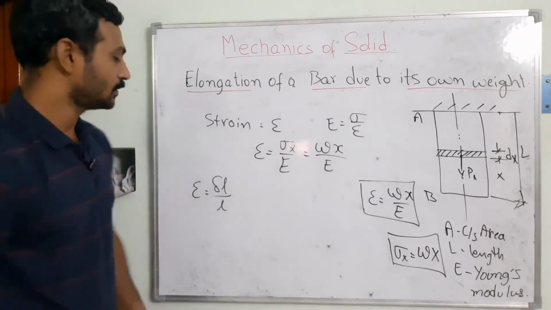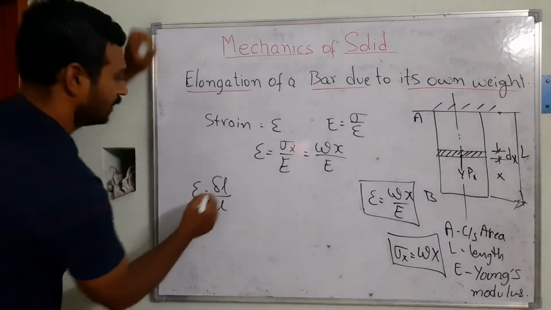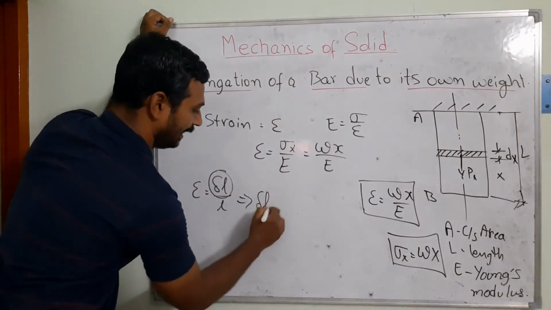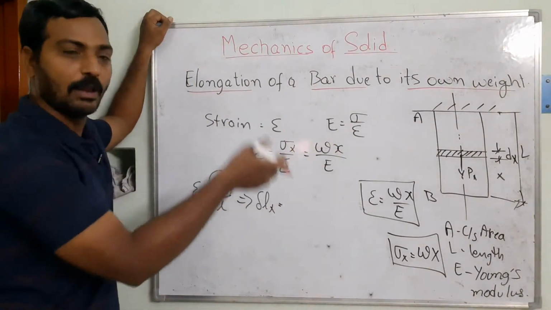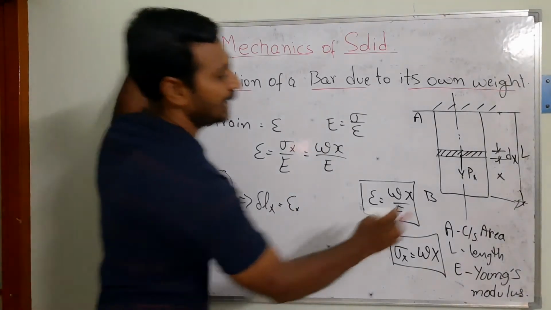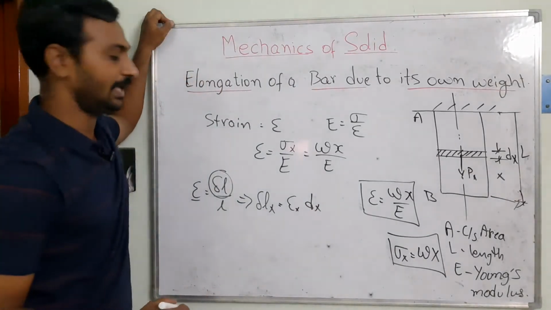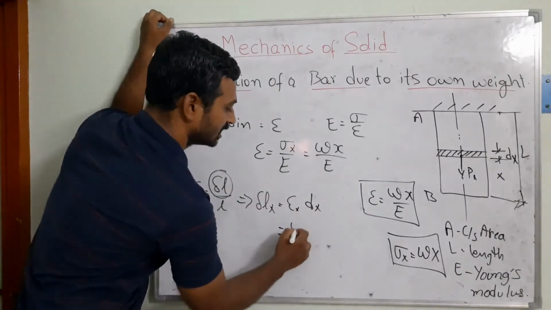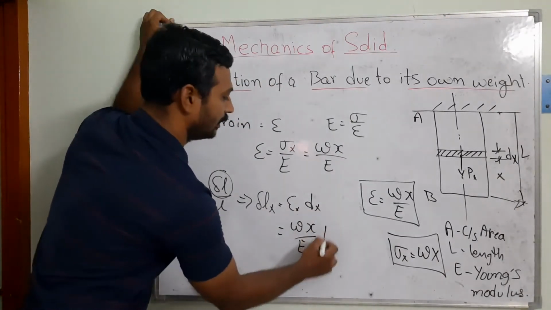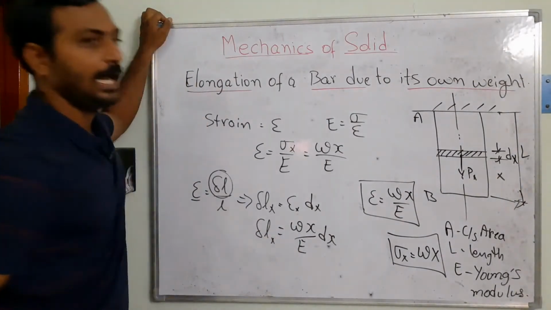So I am taking del Lx, the elemental strip elongation, and the strain Lx into L, where L is the length of the elemental strip, that is dx. So I substitute: del Lx equals specific weight into the distance divided by E and into dx. This is only for the elemental strip.